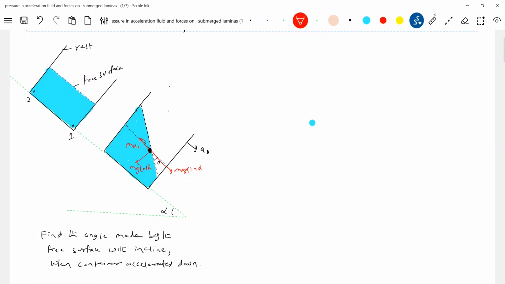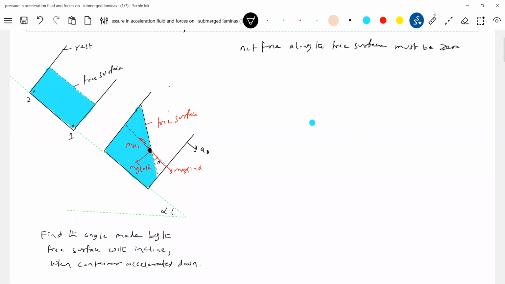Then the net force along the free surface, or tangential force on the free surface, must be equal to 0. This is one property of free surface. Otherwise, it cannot be in that particular position.